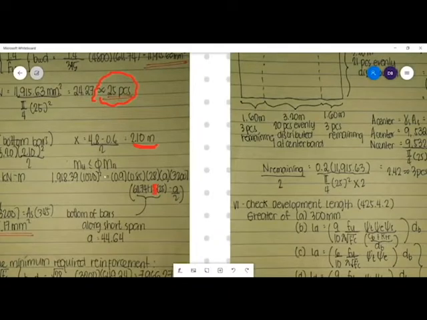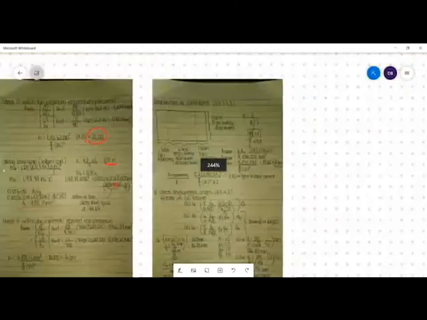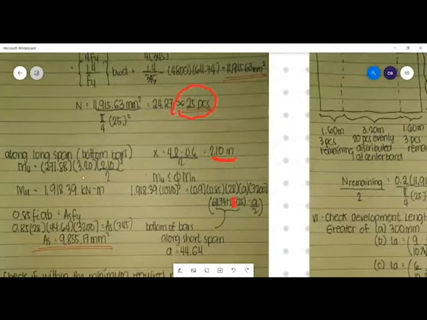By the way, our Mu is equal to 271.88 times 3.2 times 2.10 squared over 2, which is equal to 1,918.39. We put it here: 1,918.39 times 1,000 squared is equal to 0.9 times 0.85 times 28 times 3,200 times 611.74 plus 25 minus a over 2.